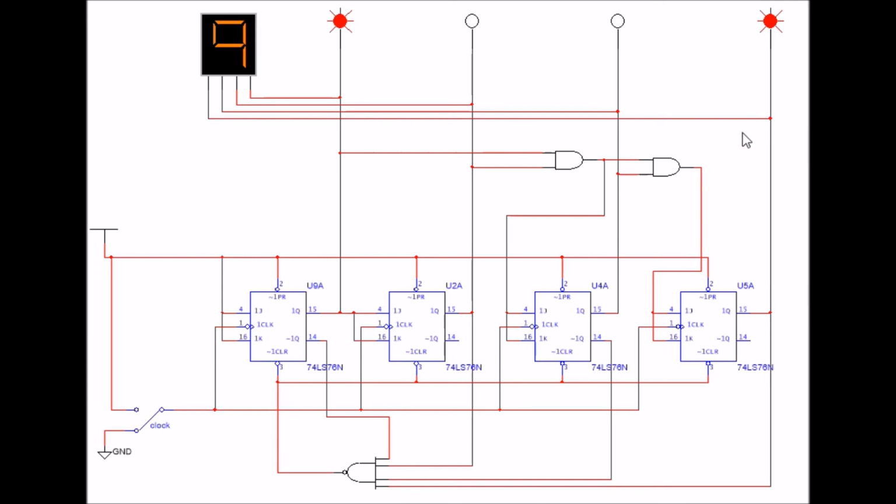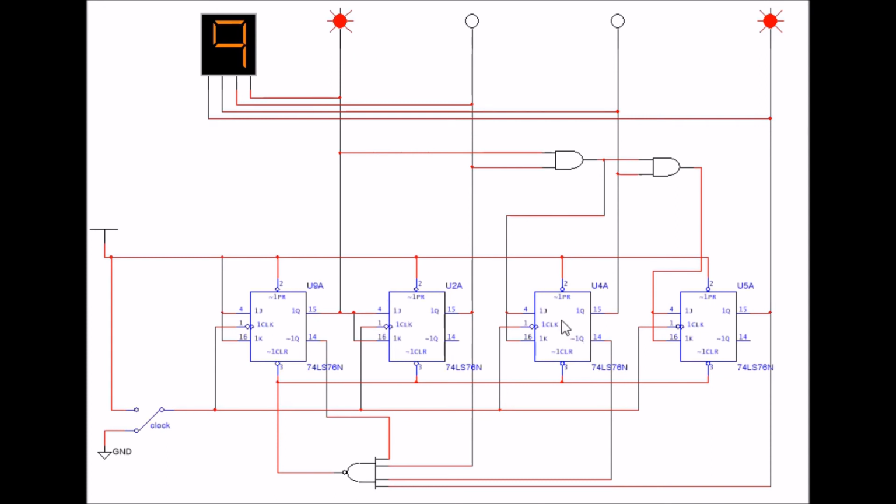So again, this is a synchronous counter. I can tell it's a synchronous counter because the clock goes directly into each of these clocks, right? You're following that. And I have these extra AND gates that cause each JK flip-flop to toggle when all of the previous Qs are on. So this first JK flip-flop comes from the previous Q, right? This is the 2's place.